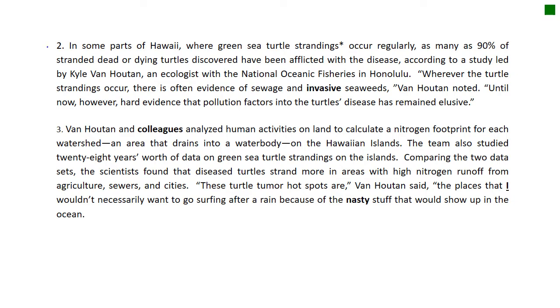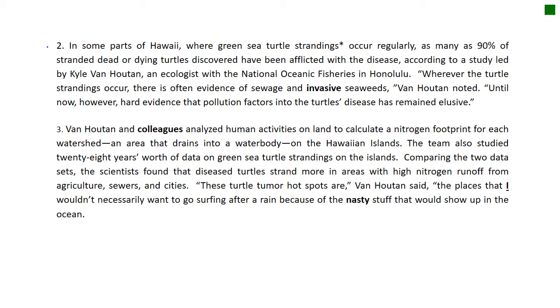Paragraph 2. In some parts of Hawaii where green sea turtle strandings occur regularly, as many as 90% of stranded, dead, or dying turtles discovered have been afflicted with the disease, according to a study led by Kyle Van Houten. Okay, stranded means stuck in a place.